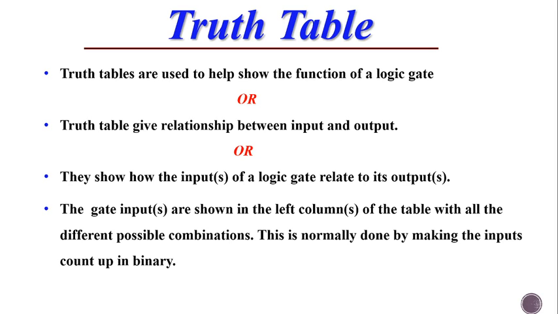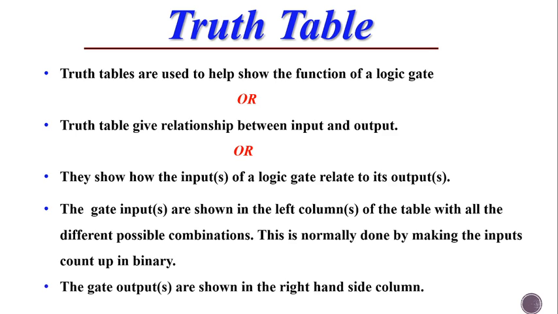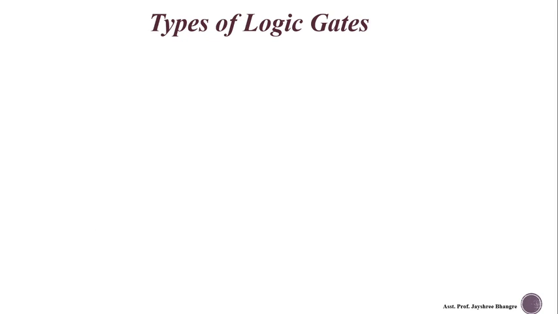The gate inputs are shown in the left columns of the table with all the different possible combinations, and these combinations are represented in the binary count. And the gate outputs are shown in the right hand column of the truth table.